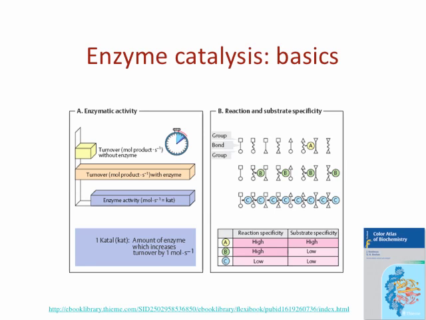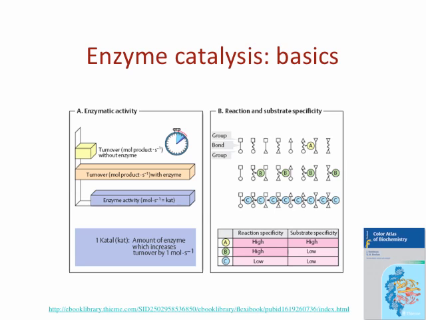The panel B on the right illustrates a couple of important concepts. The first row of schematically represented compounds shows a squiggle bond and a straight bond between various chemical moieties, and these moieties are represented by squares, circles, triangles, and so forth.